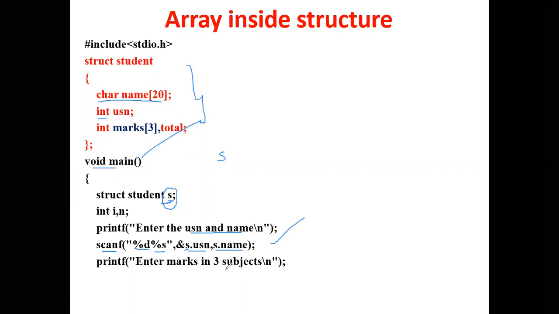Next, we have to ask the user to enter the marks in the 3 subjects. We have already discussed arrays. If I want to input the element values into the array, we have to use the loop concept. So we have to use a for loop to input the elements to the array.